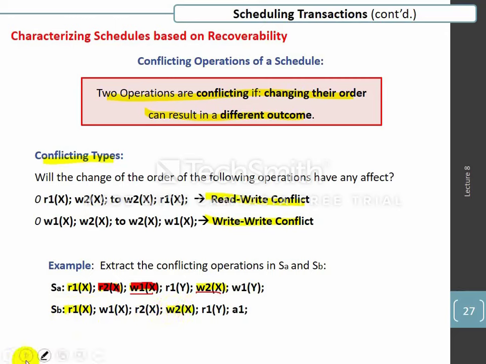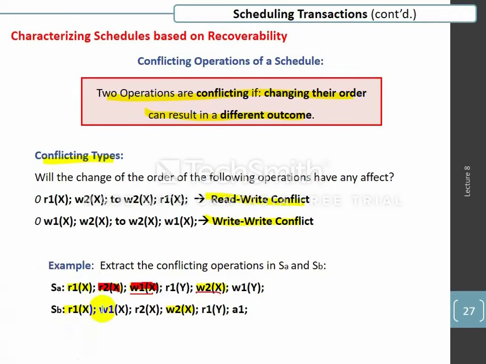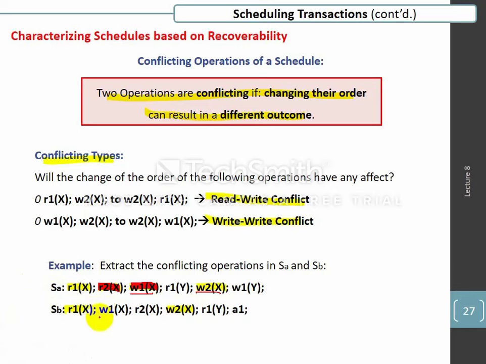This is a read-write conflict. Write 1x, we search for write 2x. This is a write-write conflict. In the second example, we have two conflicts, read-write and write-write.